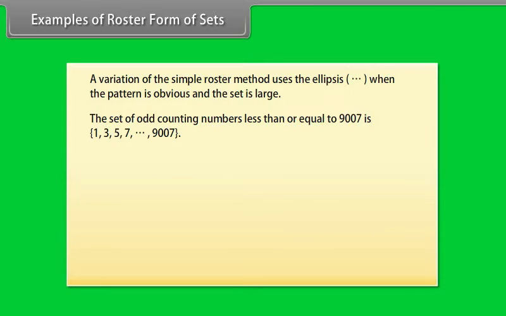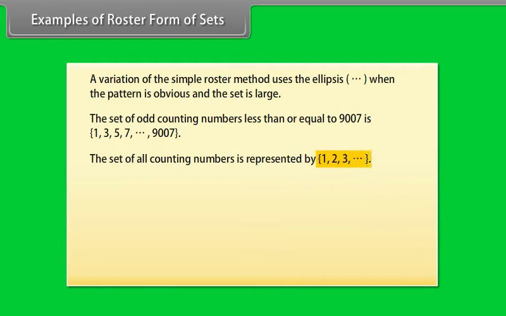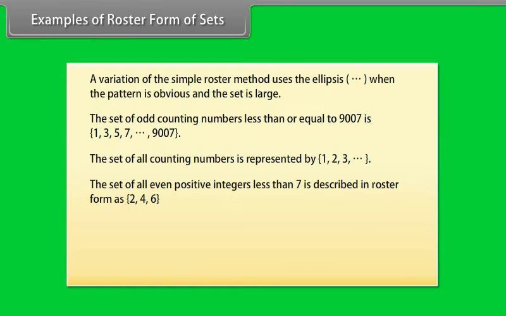The set of odd counting numbers less than or equal to 9007 is {1, 3, 5, 7, ..., 9007}. The set of all counting numbers is represented by {1, 2, 3, ...}. The set of all even positive integers less than 7 is described in the roster form as {2, 4, 6}. The set of odd natural numbers is represented by {1, 3, 5, ...}.